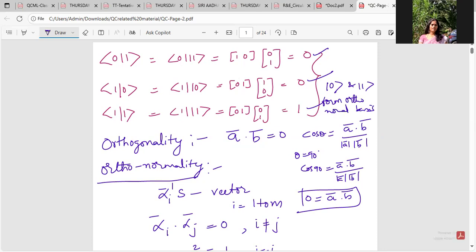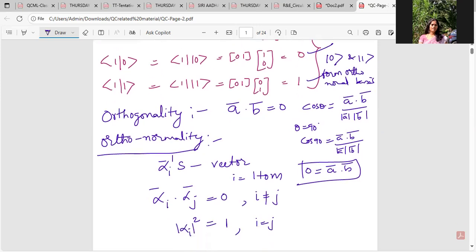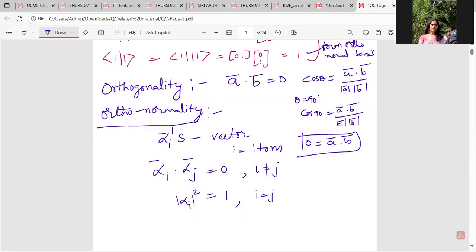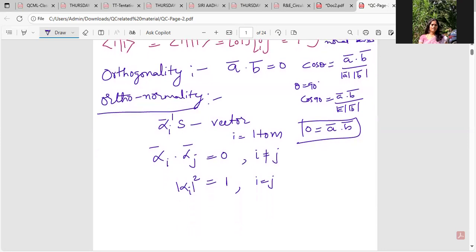Of course, someone who is thorough with linear algebra and mathematical concepts can ask me, how can you say 0 and 1 form a basis? When I'm telling that a qubit can be represented either in terms of ket 0 or ket 1 or a superposition of ket 0 and ket 1, then obviously I can clearly say that ket 0 and ket 1 form the basis, right?